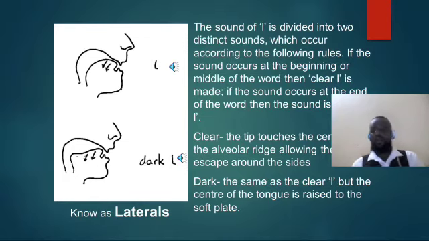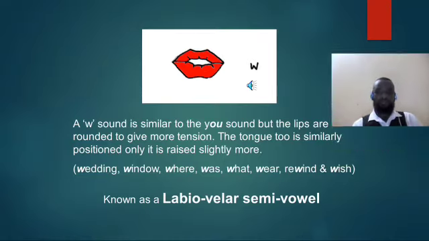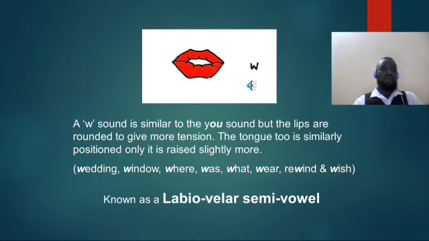Let us go to another sound: the wa sound, the letter W. The sound is similar to the U sound, but the lips are rounded to give more tension.